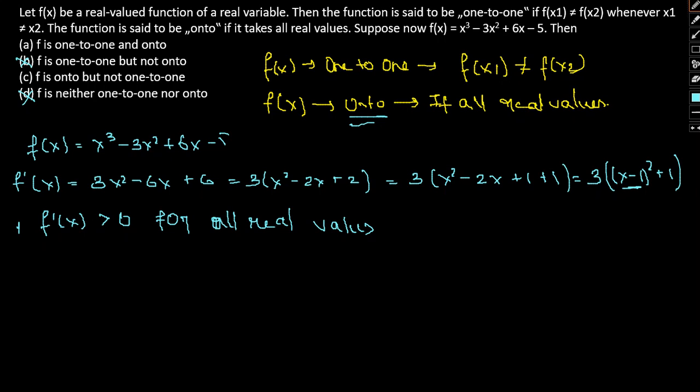Okay, now what can we further do? We can see by this, since it's greater than 0, we can also conclude f of x is an increasing function, right? Because the cubic functions are generally of this type. So f of x is an increasing function, and also f of x is continuous everywhere.